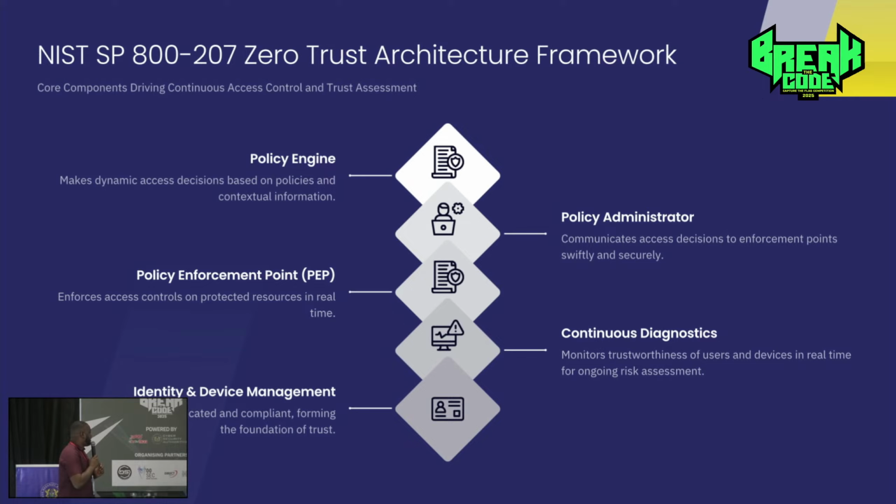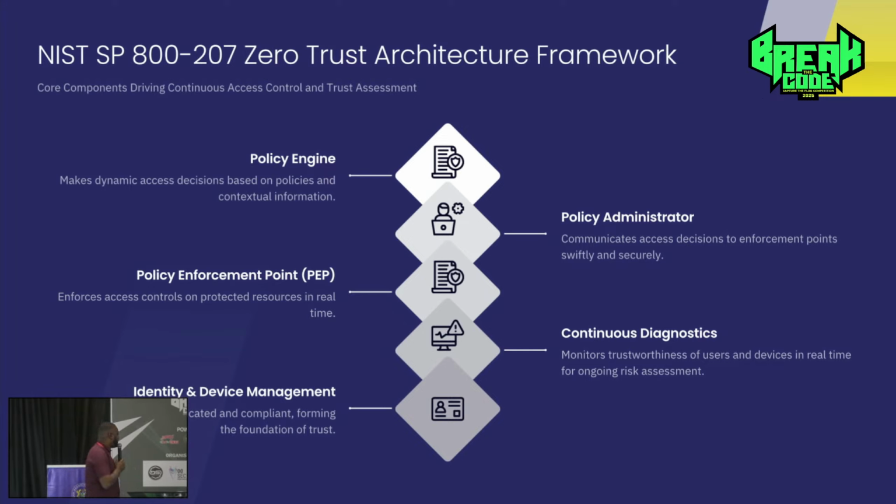A is coming in. Does he have access to that? Is he permitted to do that? And there is also the PEP, the policy enforcement point, which enforces access control. At the policy engine level, we define the access in terms of policies. At the PEP level, that is when it is enforced, by the technical guys.